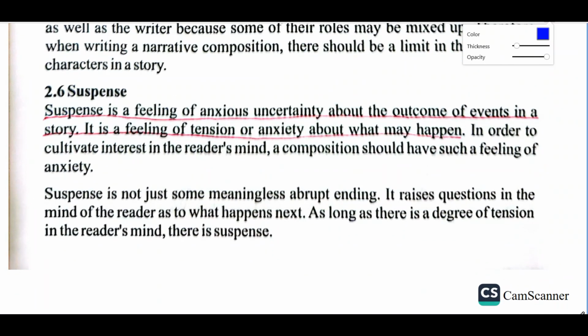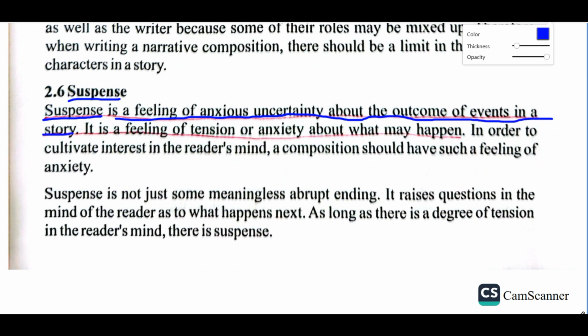Then after that, we have what we call suspense. Make sure that your composition leaves the reader in suspense. What do you mean by suspense? Suspense is a feeling of anxious uncertainty about the outcome of events in a story.